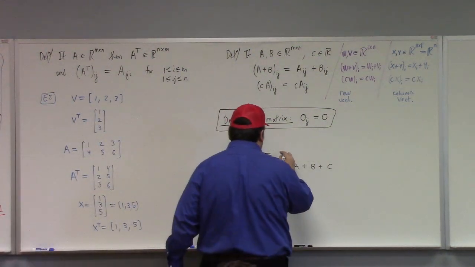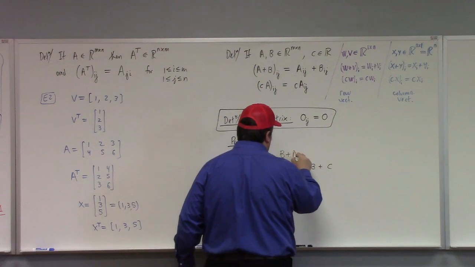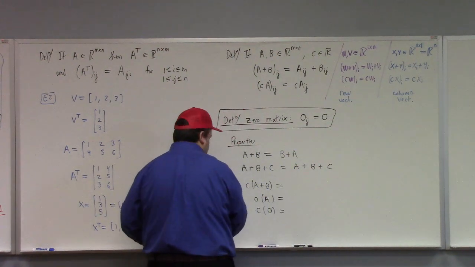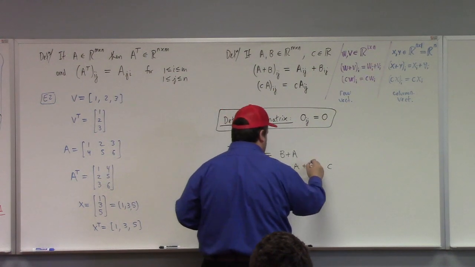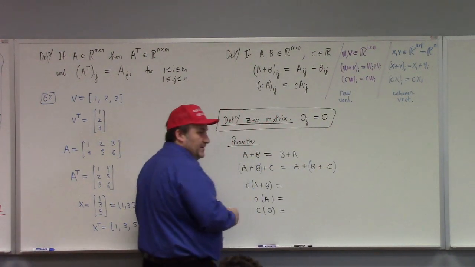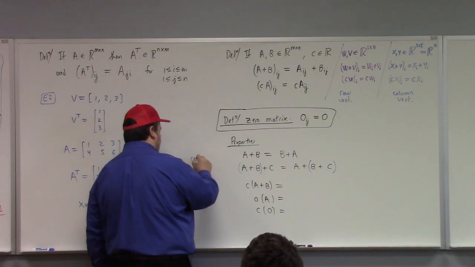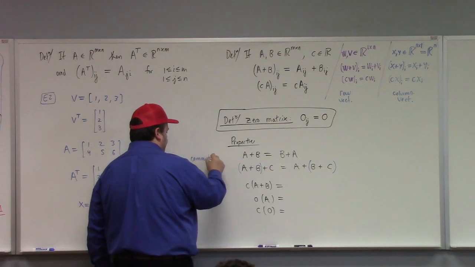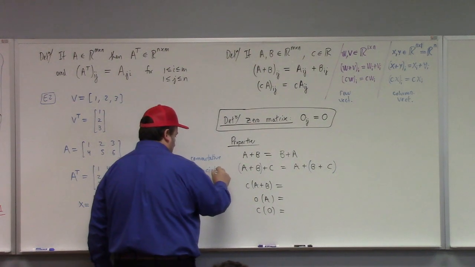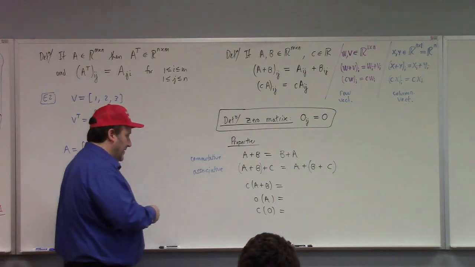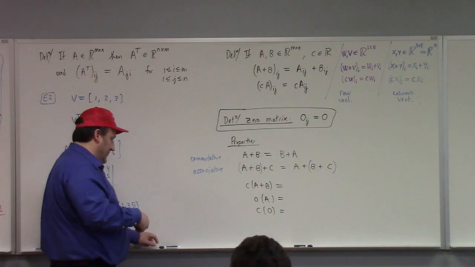See, if matrix addition was not associative, then we'd need these parentheses, wouldn't we? Because it would matter which ones that you added first, right? So it's commutative, associative. It plays nice with addition.